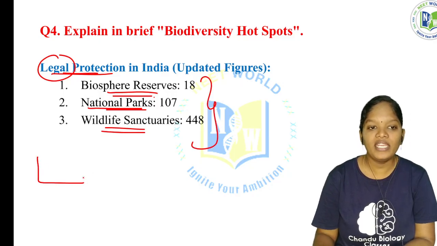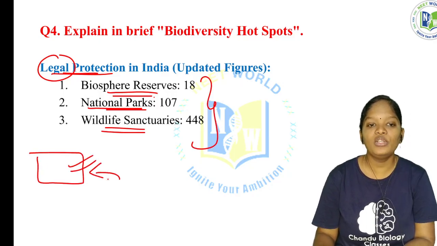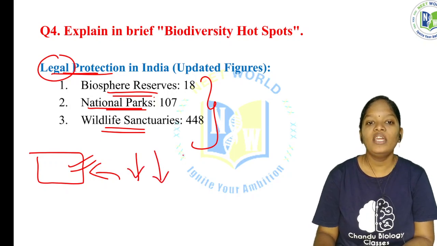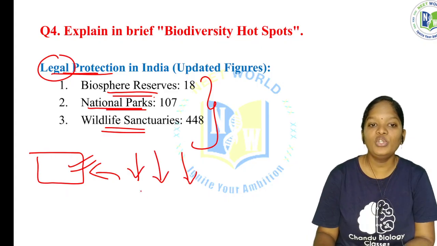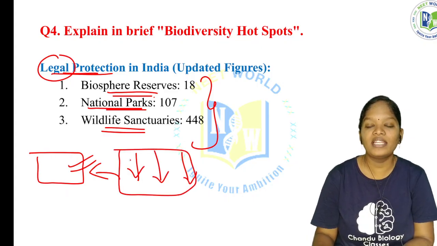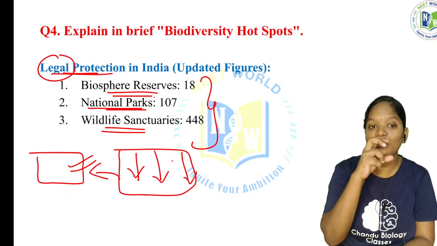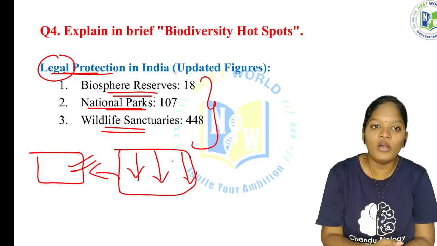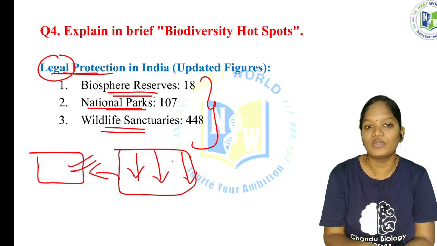If a particular area is considered a forest, we limit human activities there, limit hunting, limit over-exploitation, and limit all the anthropogenic activities which threaten that biodiversity. All have to be stopped in the biosphere reserves, national parks and wildlife sanctuaries.